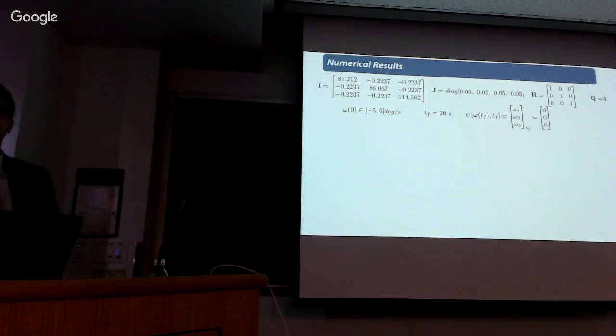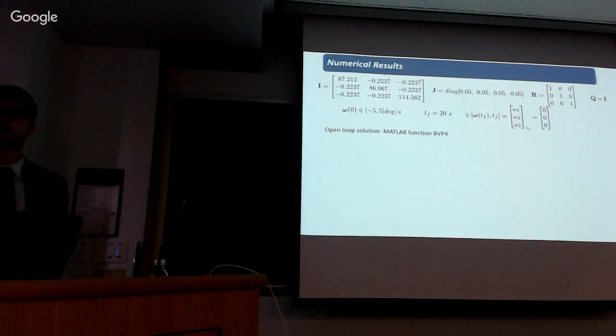My domain of interest is -5 to 5 degrees per second for the angular velocity of the spacecraft, and I have solved this problem for 20 seconds. My terminal constraint is that all of the states be 0 at the final time. For the open loop solution, I have used the MATLAB built-in function BVP4C, which solves the two-point boundary value problem for you.